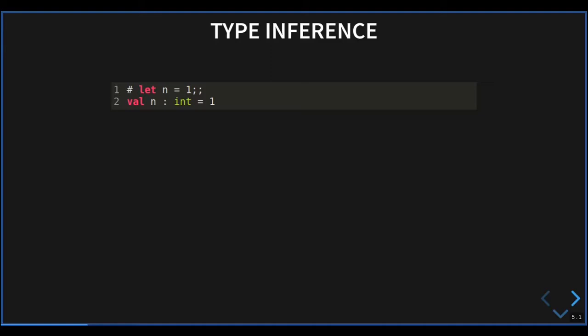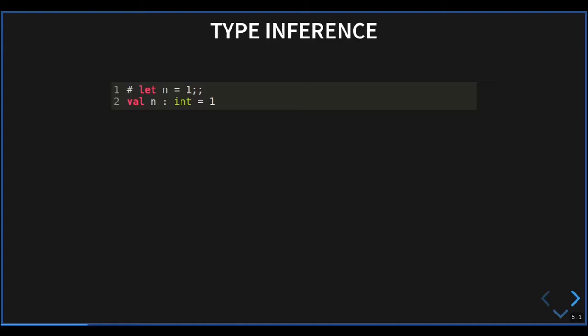So here we're defining a variable and assigning it the value 1. This is done using the let keyword. This is kind of similar to defining a variable in imperative programming languages, but here the value once introduced cannot change later.